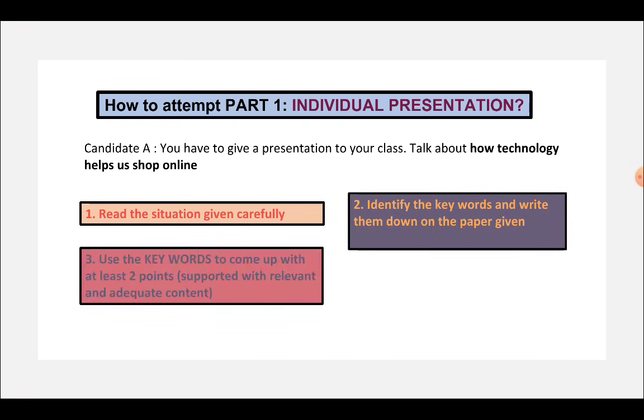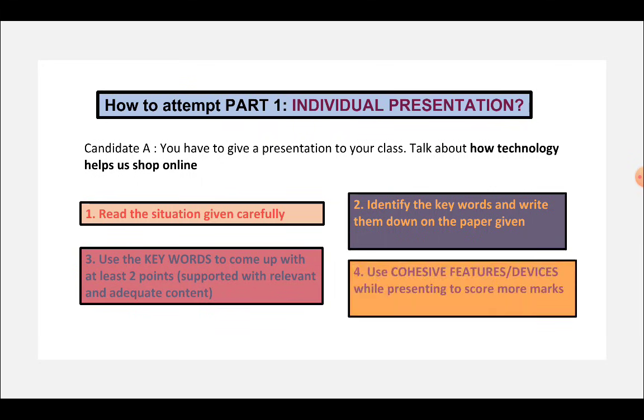Next, using the keywords, come up with relevant points to support your task. Give appropriate elaboration and specific example to verify your elaboration. Lastly, use cohesive features while presenting. This will help you to gain marks in discourse management aspect.